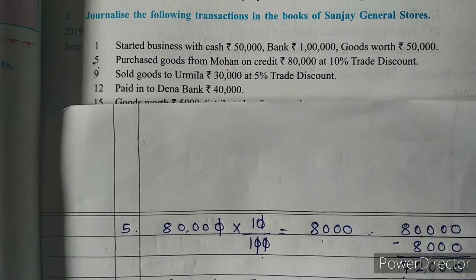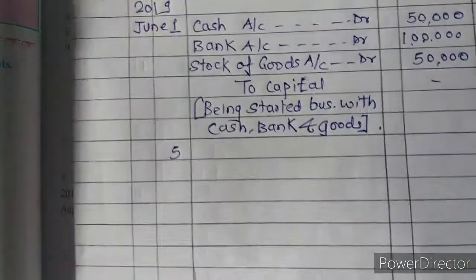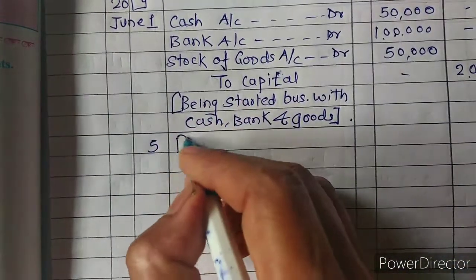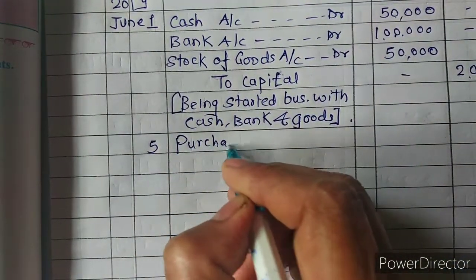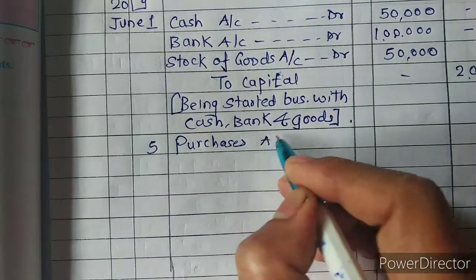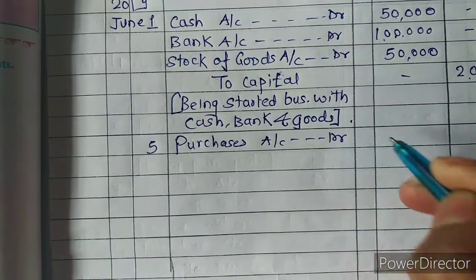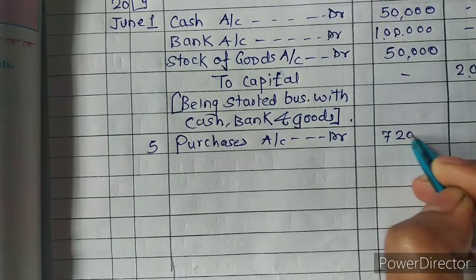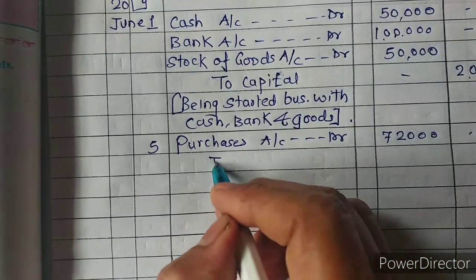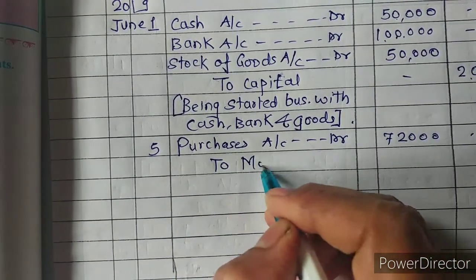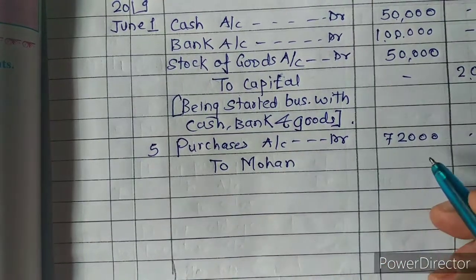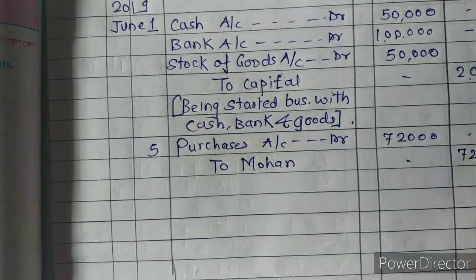So your entry will be purchases account debit 72,000 to Mohan account 72,000.